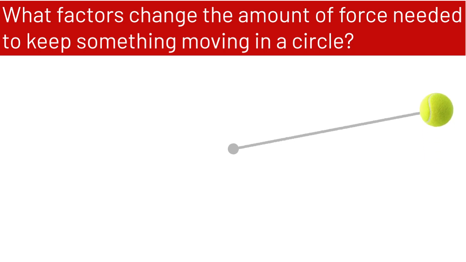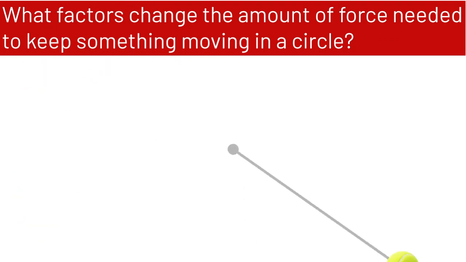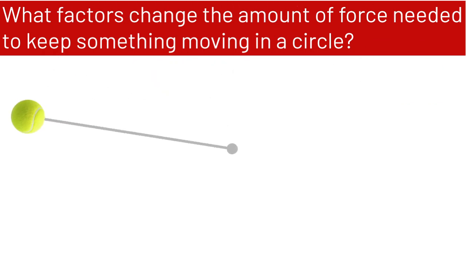So now we have a tennis ball on a much longer string. How does swinging an object, rotating an object around the middle, change the force needed if the radius is much longer?